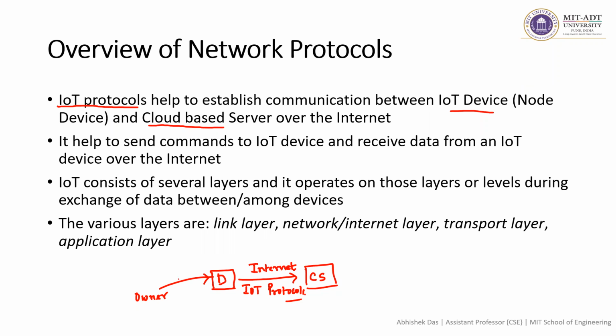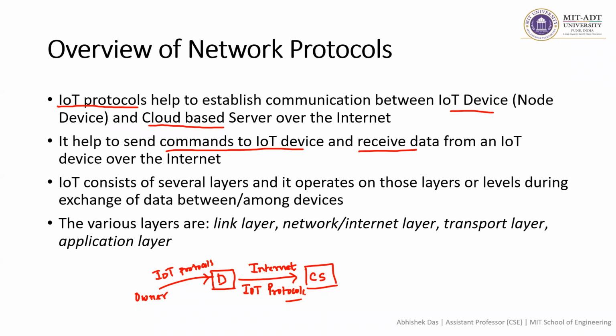So how will the owner give the instruction? Again, with the help of some IoT protocols. With the help of the different IoT protocols, the owner will be communicating with the device and also receiving data.